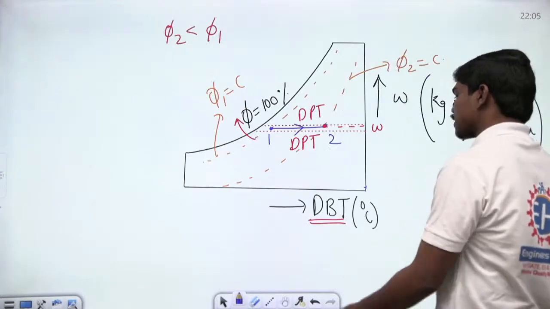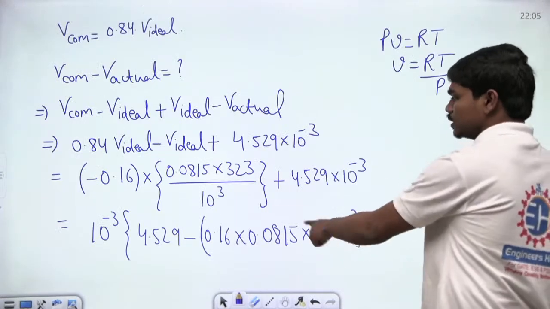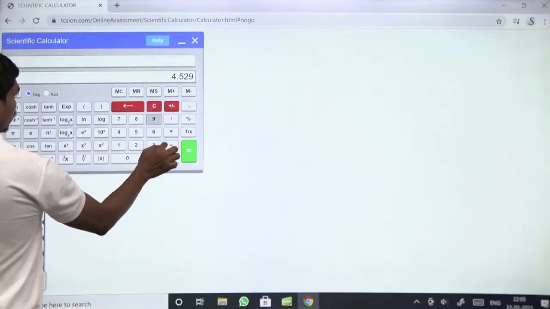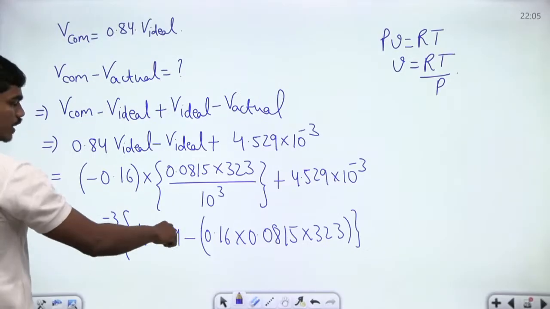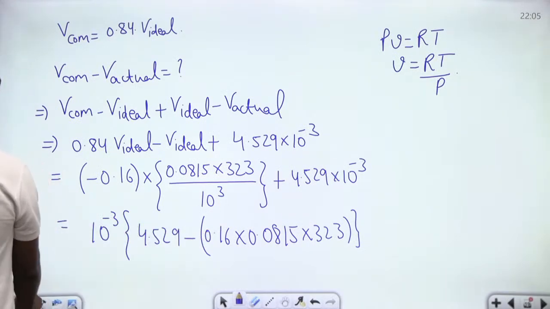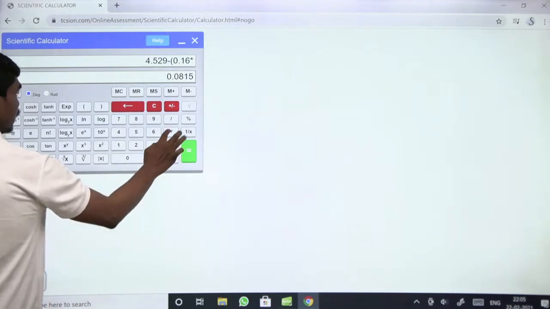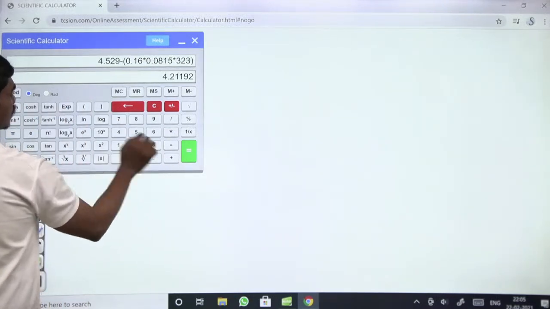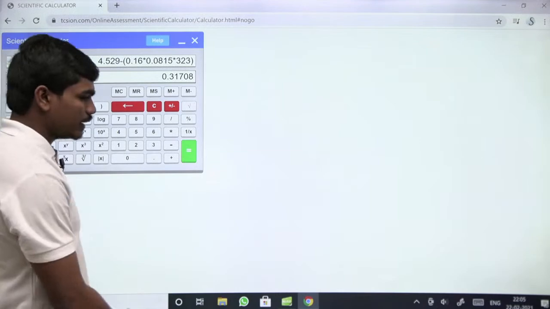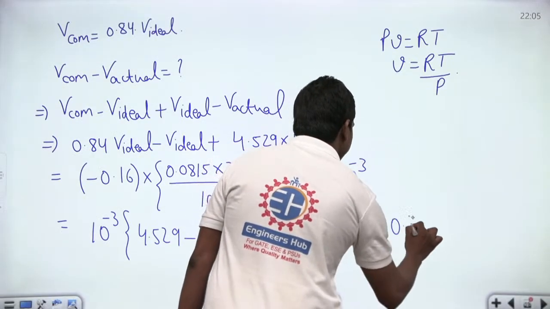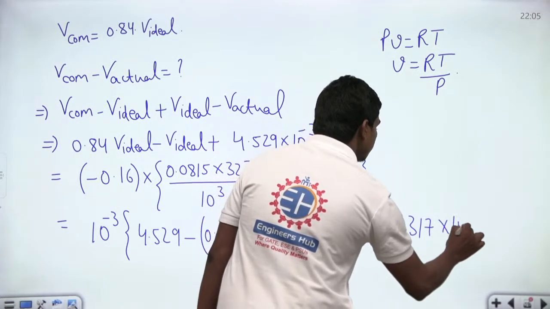So 4.529 minus 0.16 into 0.0815 into 323, the temperature in Kelvin. If you see the difference, 0.317 is the answer. So we can write this difference as 0.317 into 10 power minus 3 meter cube per kg.